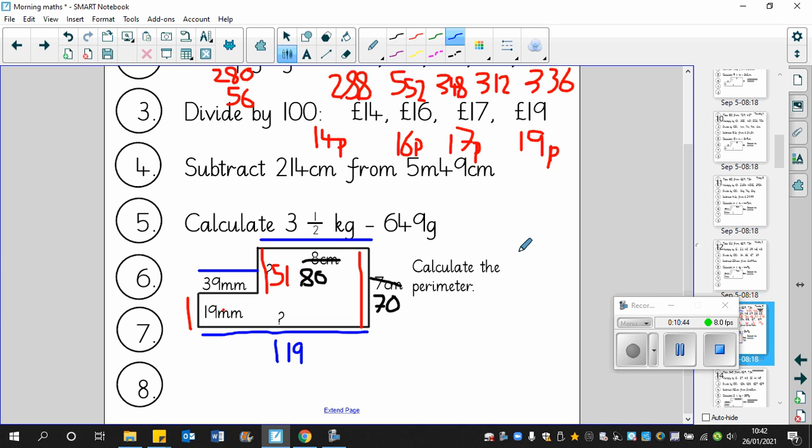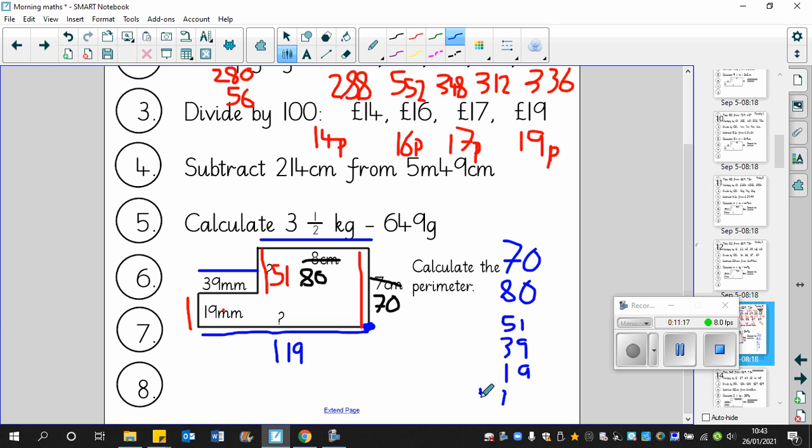And once again, I think I'm going to start with this corner here, but I'm going to do addition with carrying. So let's start with 70 at the top, and then we've got 80, and the next number is 51, and the next number is 39, and then we've got 19, and then we've got 119.